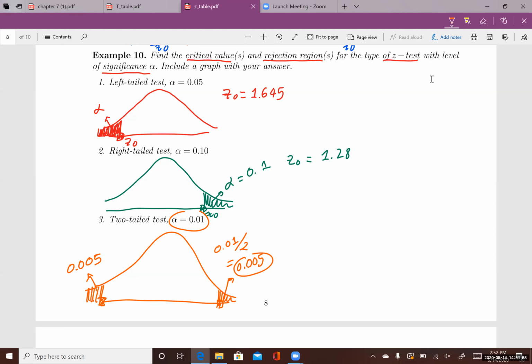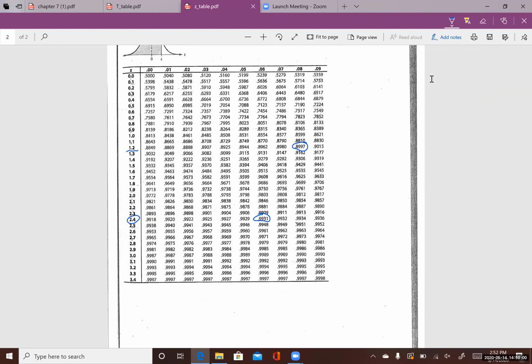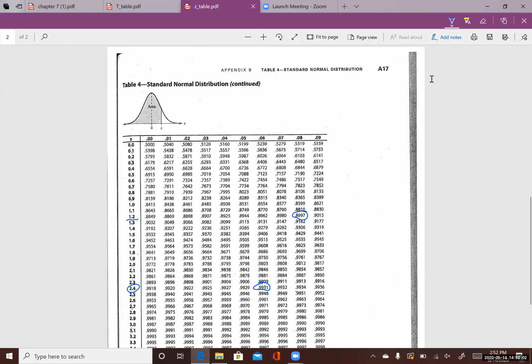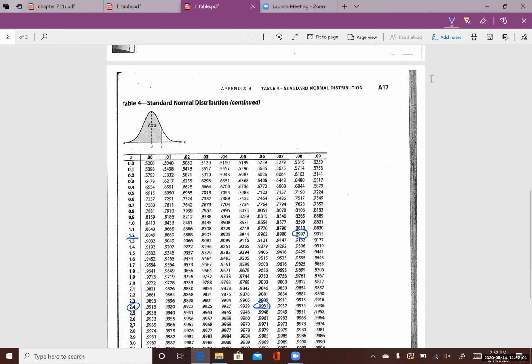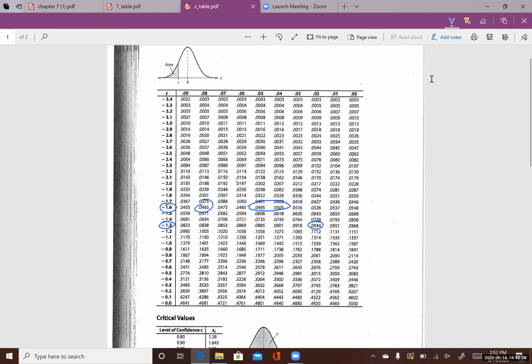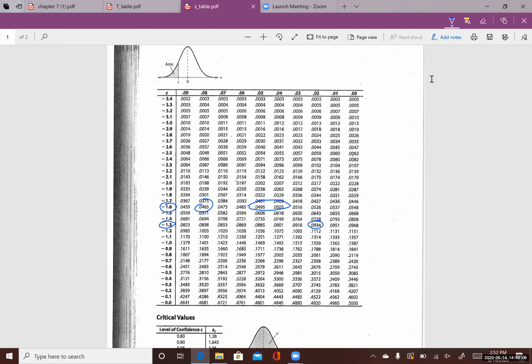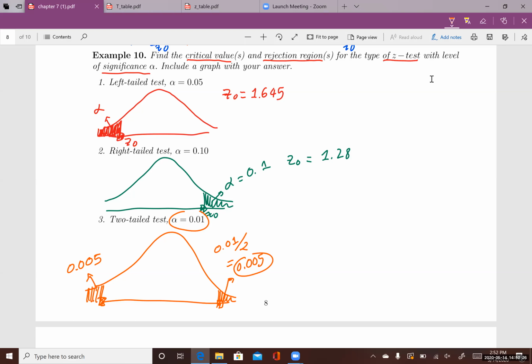Let's go to the Z table. 0.005, right here. So as you can see, that is the average between 2.57 and 2.58. So the average should be 2.575.